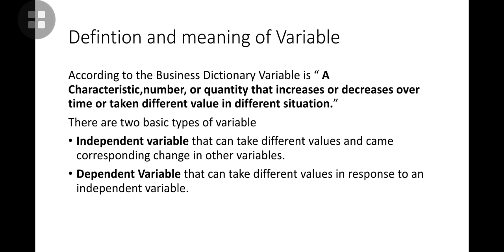A variable is defined as anything that has a quantity or quality that varies.